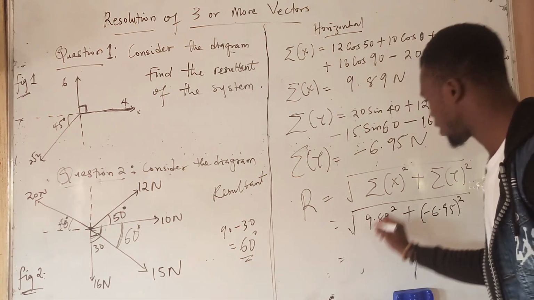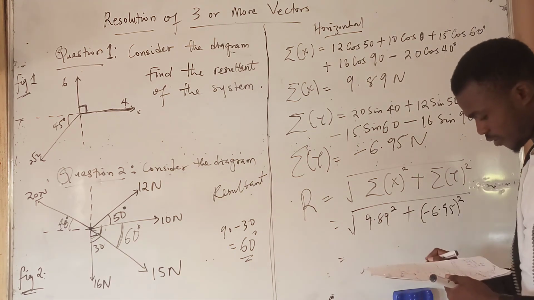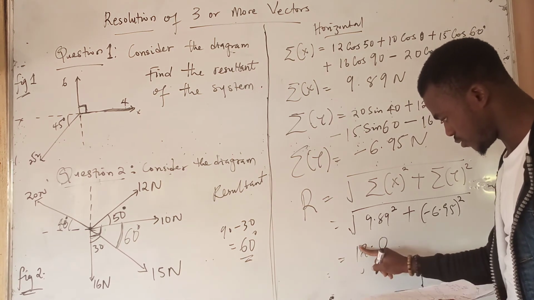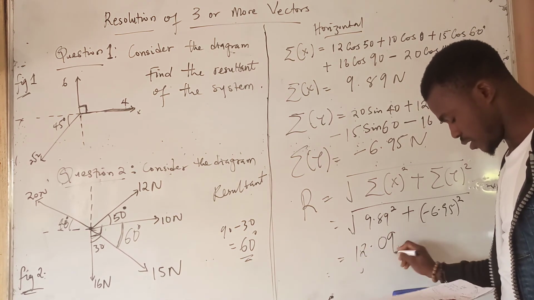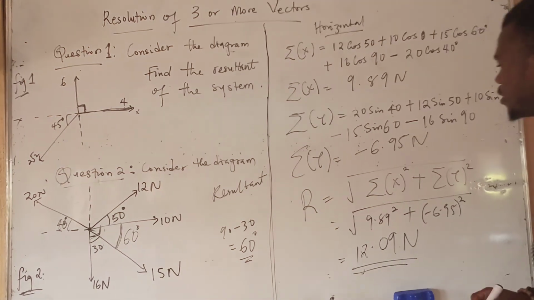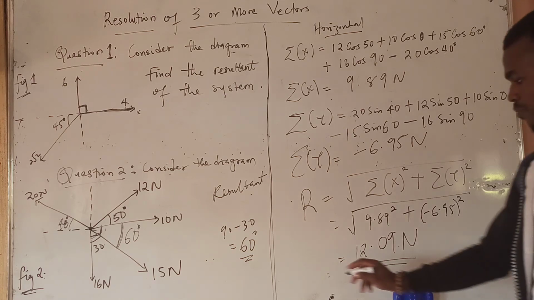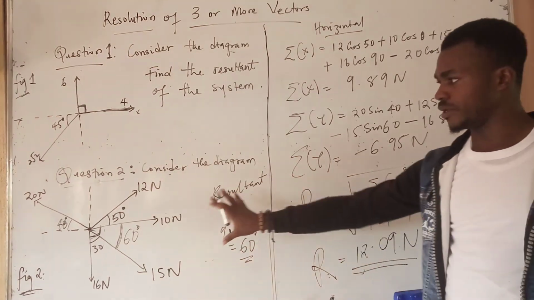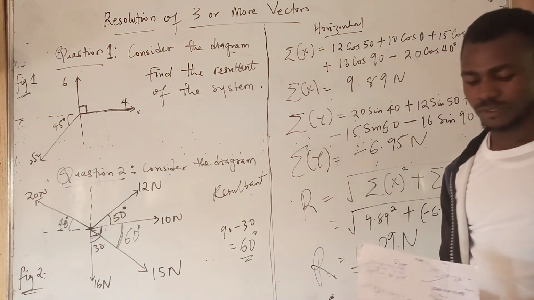When we check that in our calculator, we have 12.09 Newton. So that becomes our resultant, and we have been able to find the resultant of these vectors.